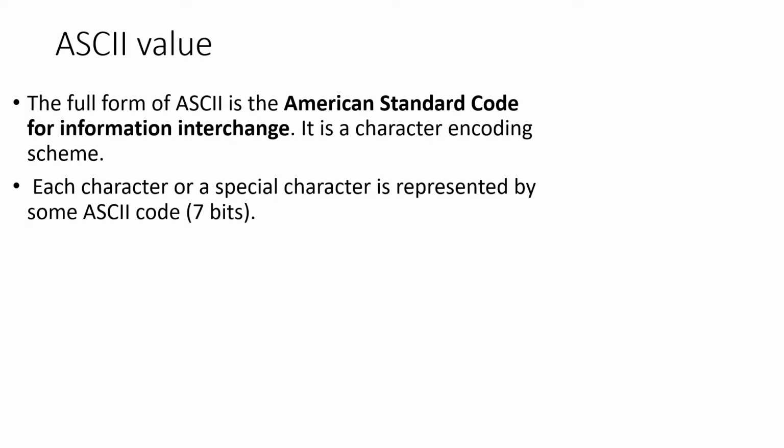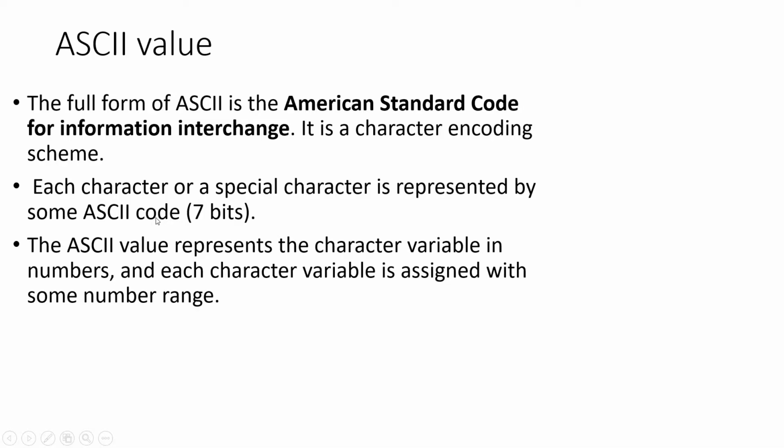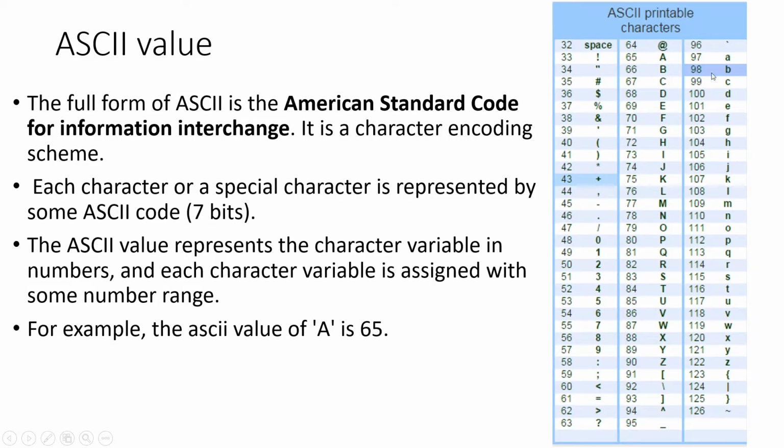So commonly used one is ASCII code, and each character and each symbol has a corresponding value, and that is in number range with 7 bits. So for example, ASCII value of A is 65. Okay, you can see the various ASCII values here. For each and every special character, digits, small letter A to Z, capital letter A to Z, all these are having a corresponding ASCII value which is given here.